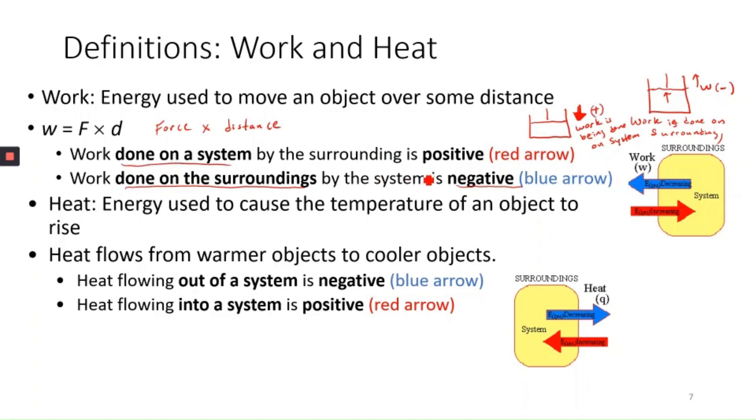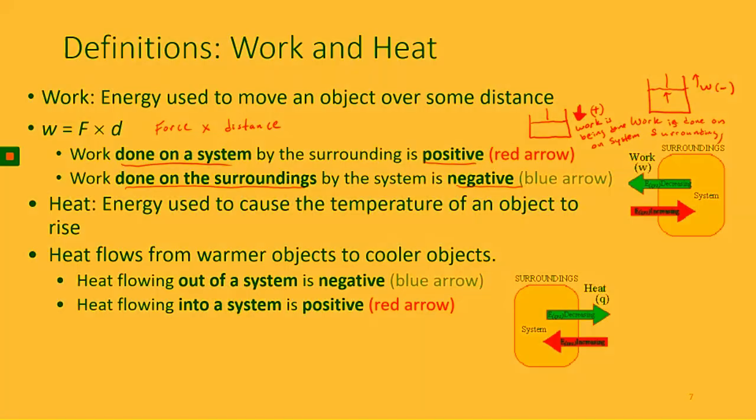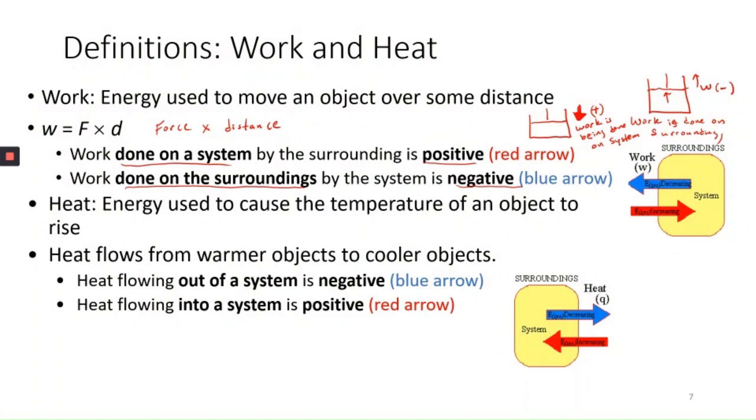Work done on the system is positive. Think of it as a balloon, and you're squishing it. You're putting work into the balloon, and that is considered positive work. But then think of the balloon expanding. Then the balloon is pushing out onto the surroundings, so that is when work is being done on the surroundings, and that is negative work. Heat can flow in and out of a system also.